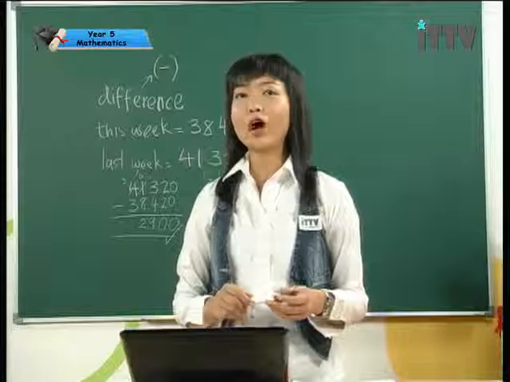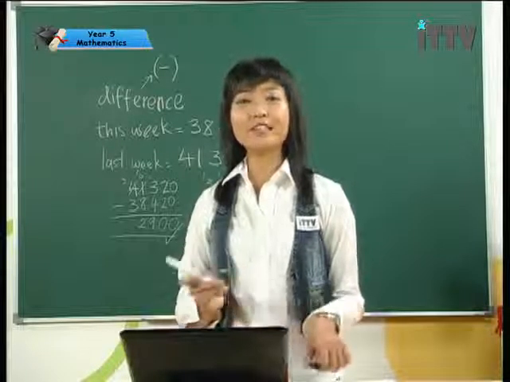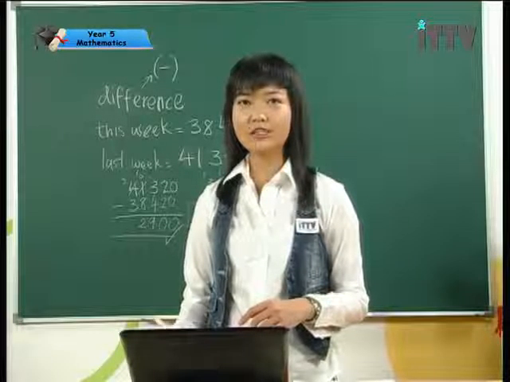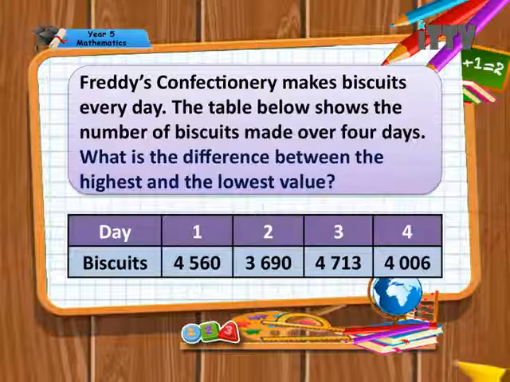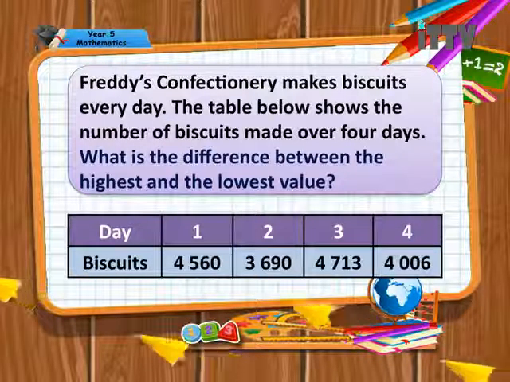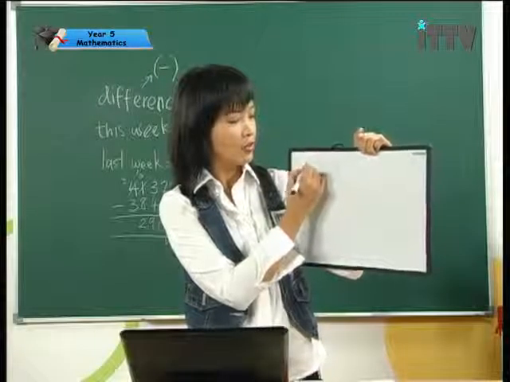But we can always solve it by using the same steps that we have tried just now. First, understand the question. Let's go back to the previous slide to understand the question. What is the difference between the highest and the lowest value? Okay, I'm going to write the keywords down here. Difference.